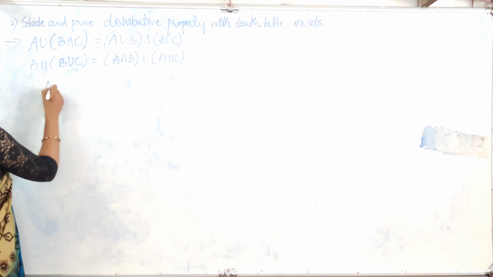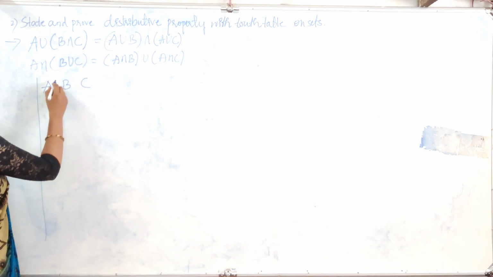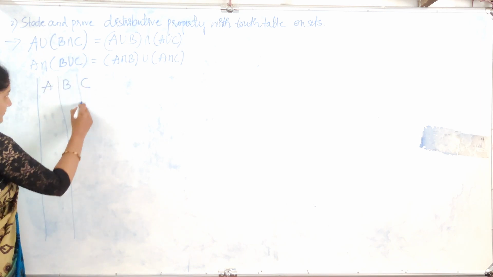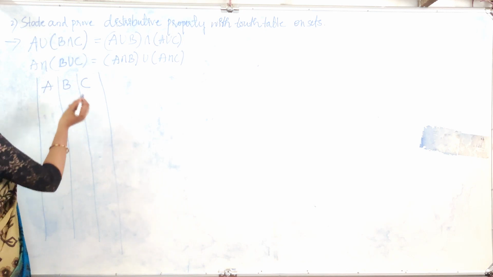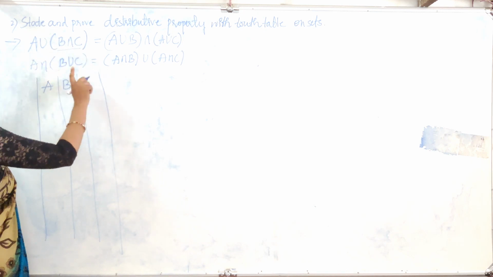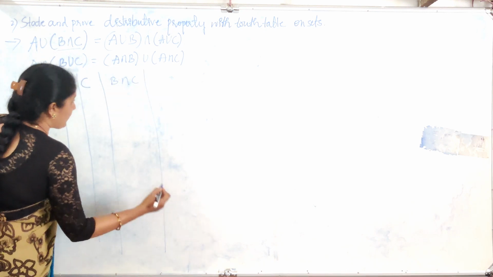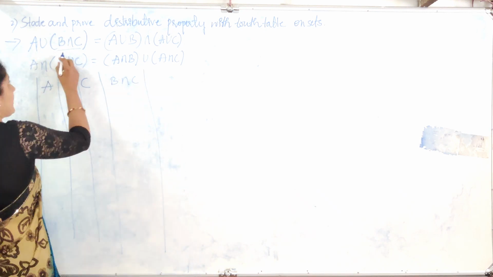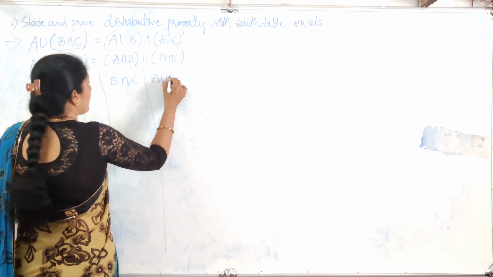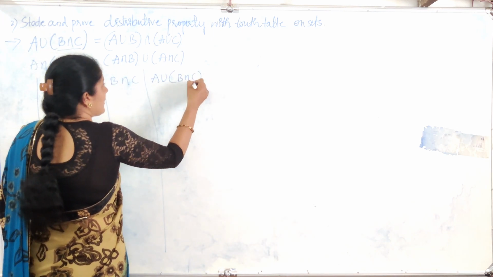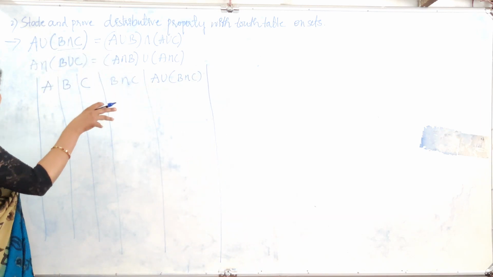As usual, A, B, C, 3 inputs we have. So first let us prove the first one. We need B intersection C, then we need A union B intersection C. This is the LHS.